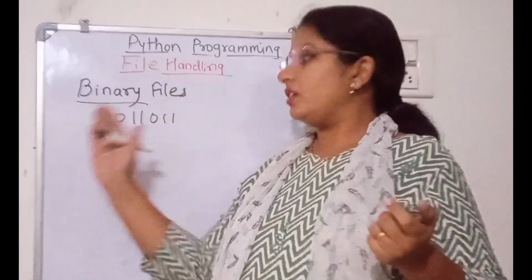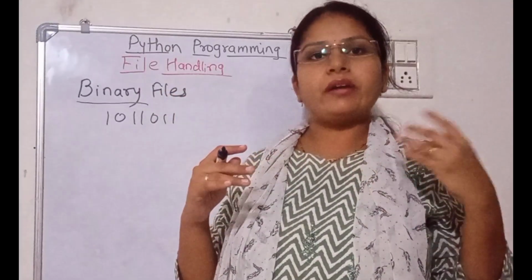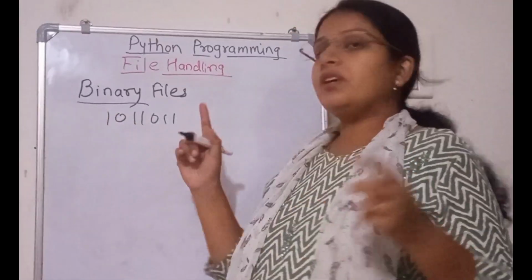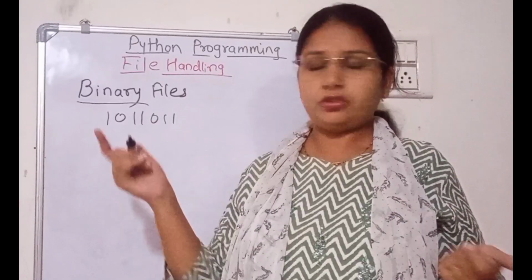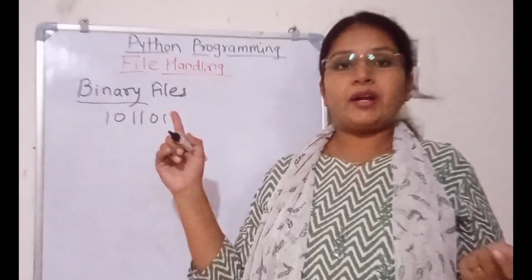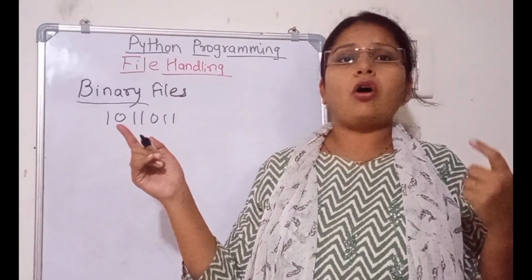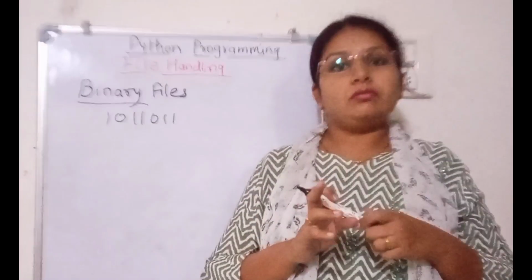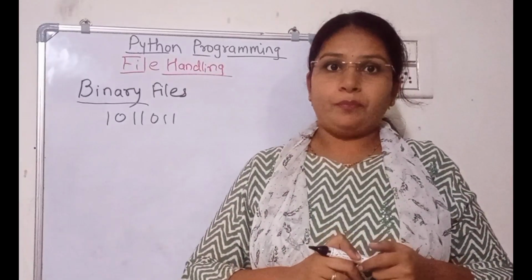So these are the binary bytes, and whenever you enter or write down any text, if the text is converted into this form, you can't read this. Means this has the special meaning. It might be a character, might be a symbol, or it might be a number, but you can't understand this unless and until you convert this binary data into text form.